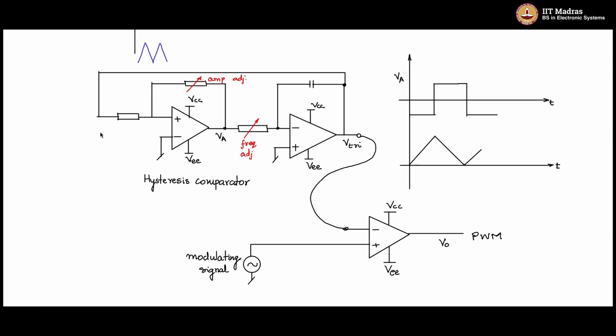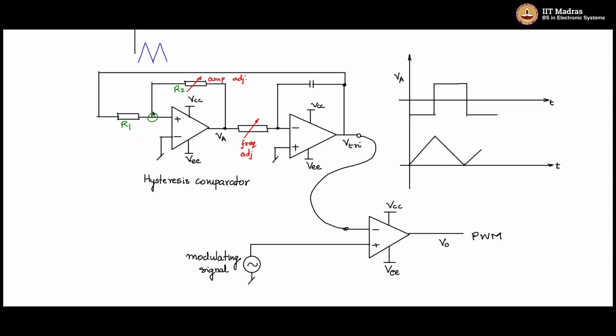How do we do that? By adjusting this. So these two resistors are the ones which determine the hysteresis window, and the upper trip point and the lower trip point gets decided by these two values. So let me mark this as R1 and I will mark this as R2.